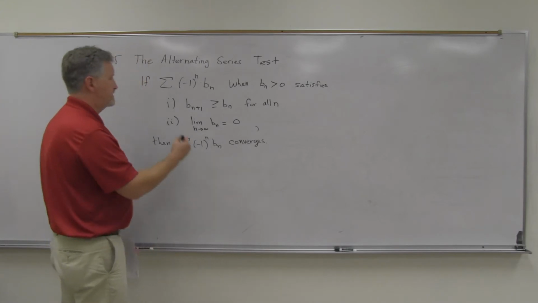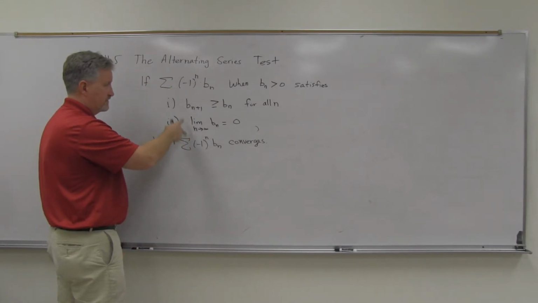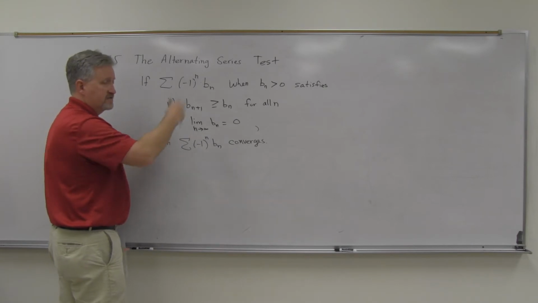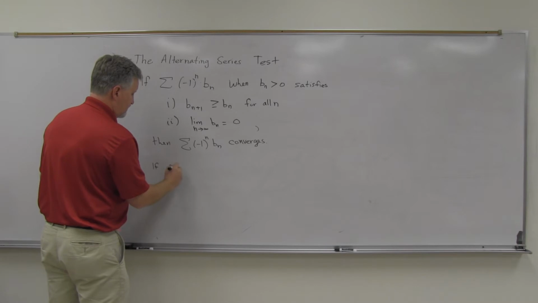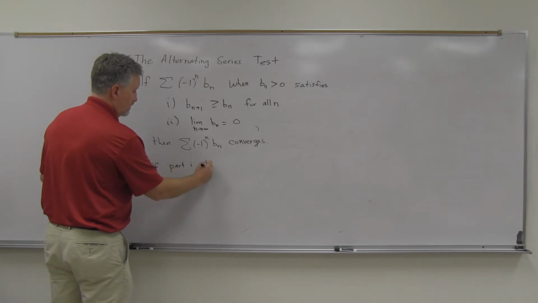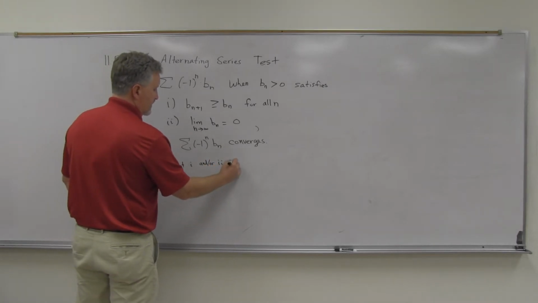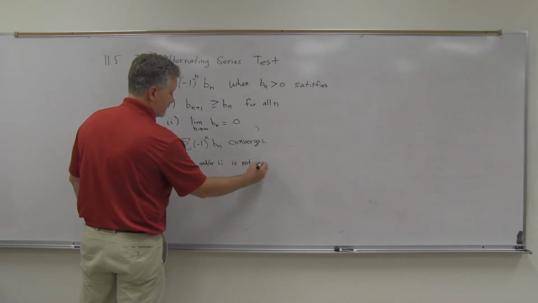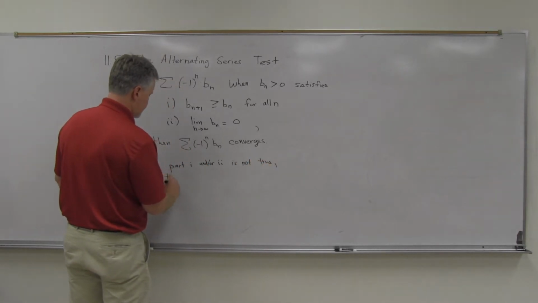So what that means is if part 1 or 2 is not satisfied, then the test is inconclusive, okay? If part 1 and/or part 2 is not satisfied, or not true, the test is inconclusive.